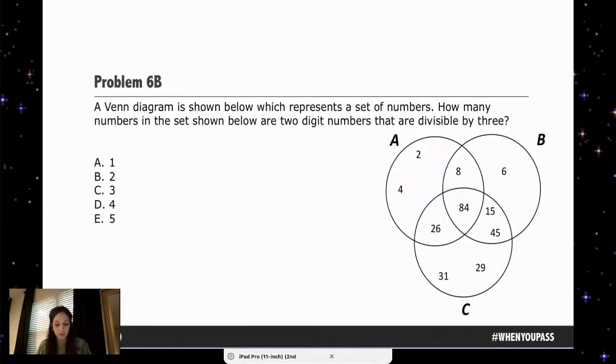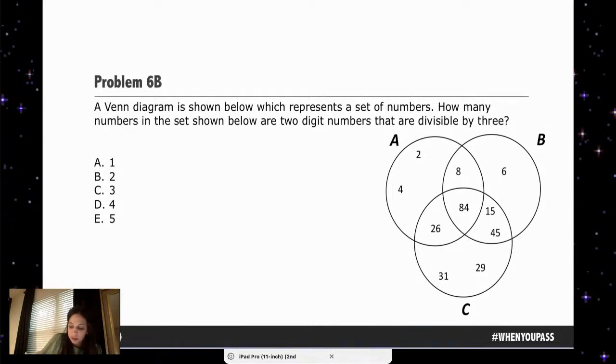Let's go ahead and look at problem 6B. Another Venn diagram is shown below, which represents a set of numbers. How many numbers in the set shown below are 2-digit numbers that are divisible by 3?